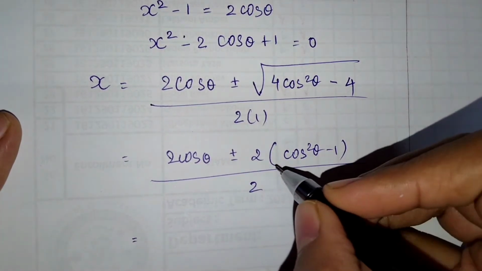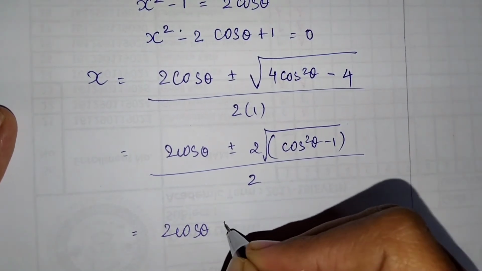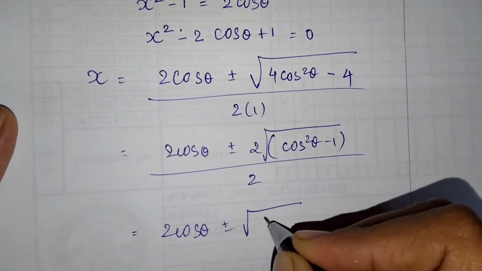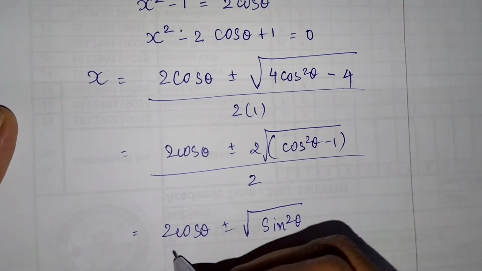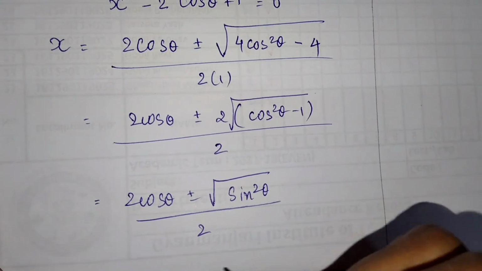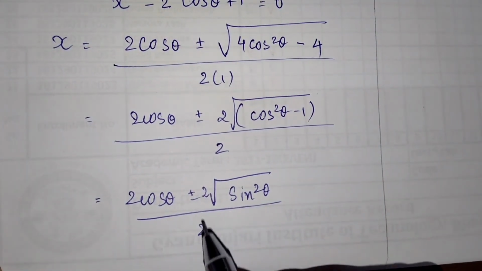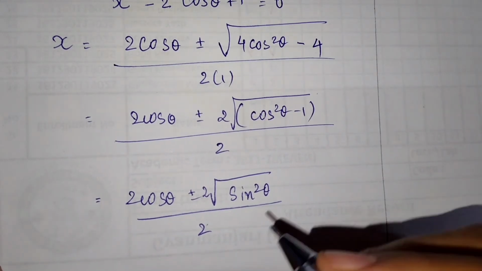So we can write, under root, 2 cos theta plus or minus sin square theta by 2. And that is equivalent to, this 2 is also there, and if we take this 2 common, then this and this 2 will get cancelled.